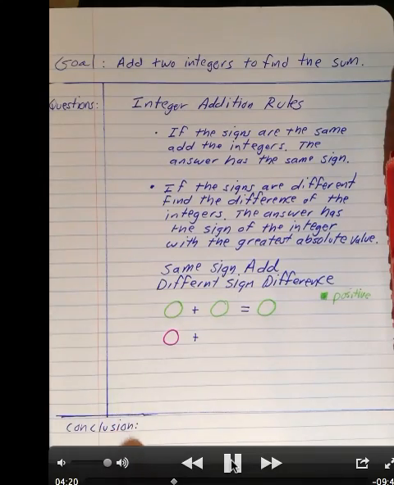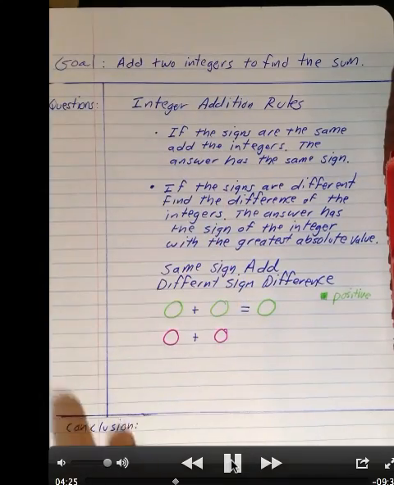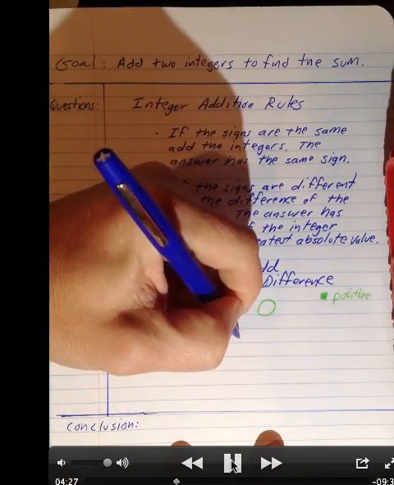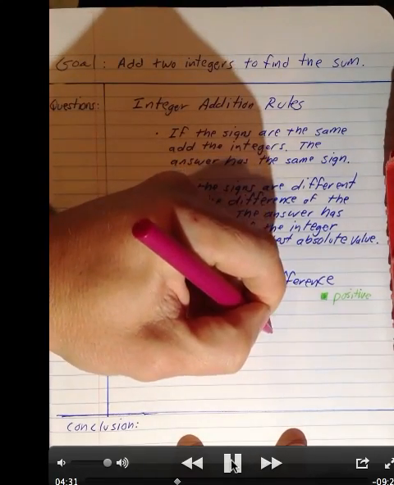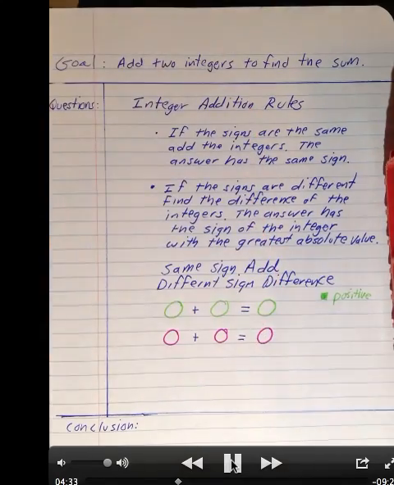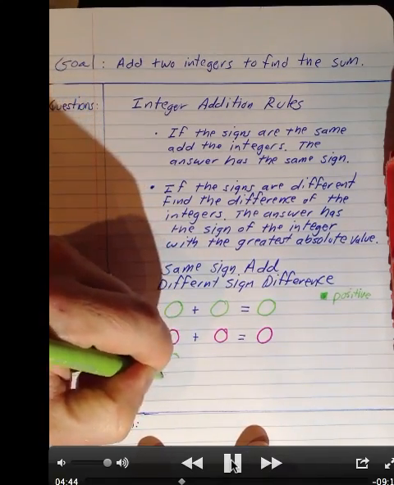A negative number, represented by the red, plus a negative number will always have a negative answer. So you just add the negative numbers together and it has a negative answer.